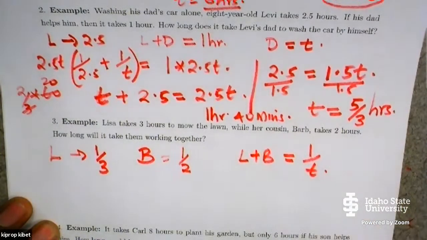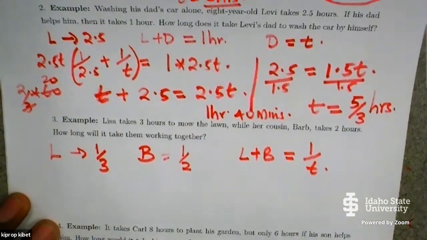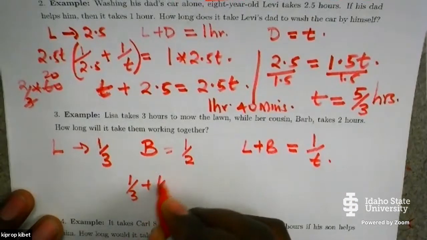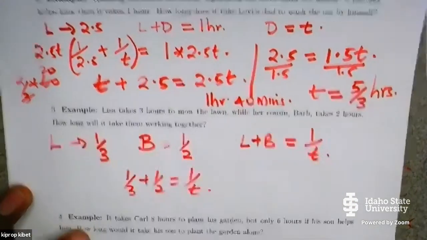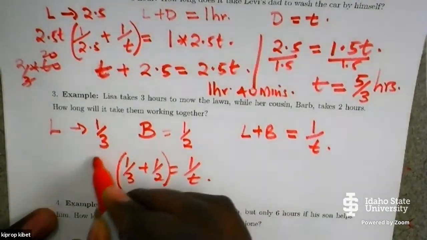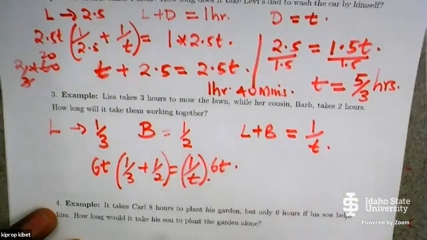So it will be 1 over 3 plus 1 over 2 equals 1 over t. So what is the LCD there? 6t.